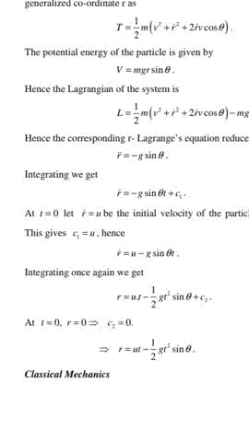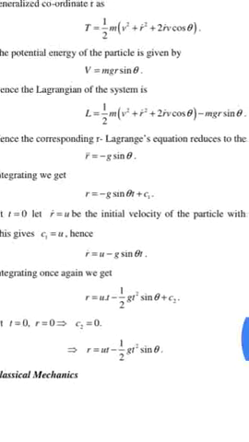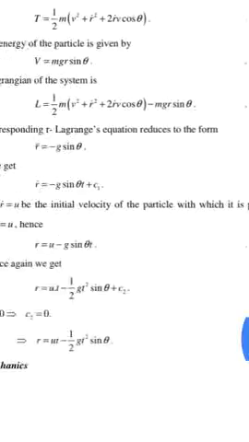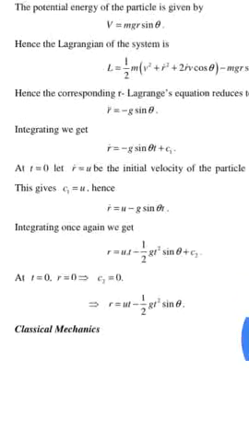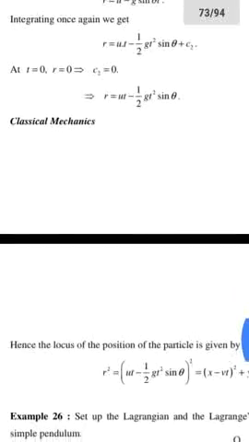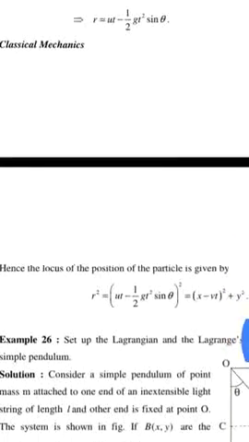At t is equal to 0, r dot is equal to u, the initial velocity of the particle with which it is projected, and c1 is equal to u. Therefore, r dot is equal to u minus g sin theta t. Integrating, r is equal to ut minus 1 by 2 g t square sin theta plus c2. At t is equal to 0, r is equal to 0, so c2 is equal to 0. Therefore, r is equal to (ut minus 1 by 2 g t square) sin theta.